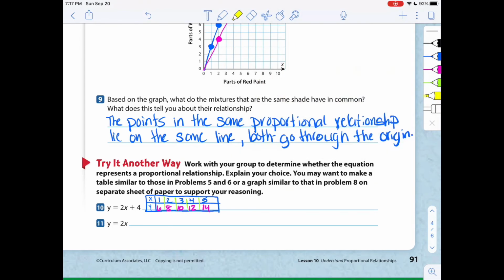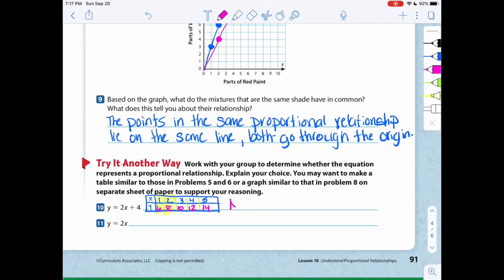So when I divide this first one, 6 divided by 1 is 6. When I divide the second one, 8 divided by 2, 8 divided by 2 is 4. So I get something different.